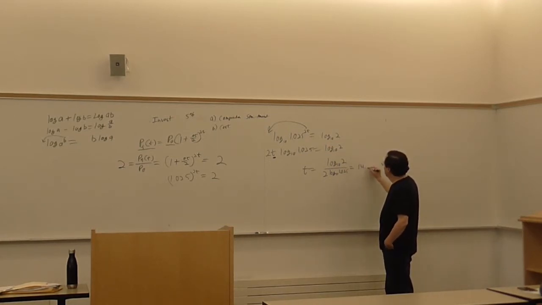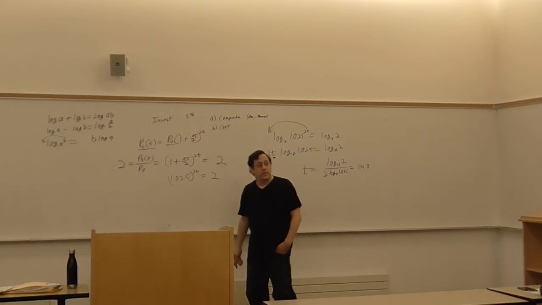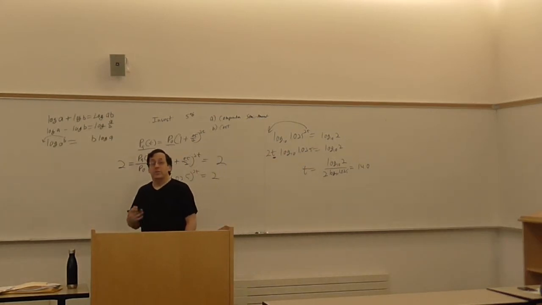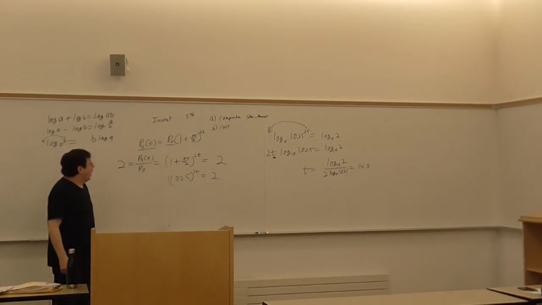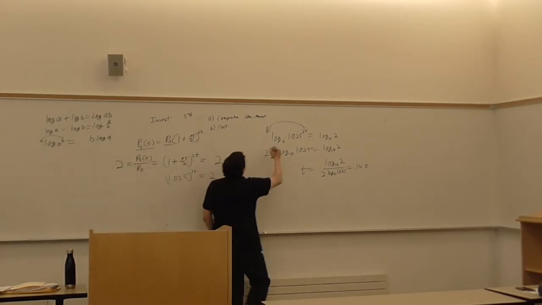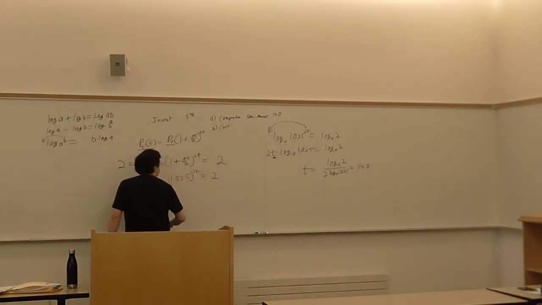So it's going to take me 14 years to double my money, compounding semi-annually.